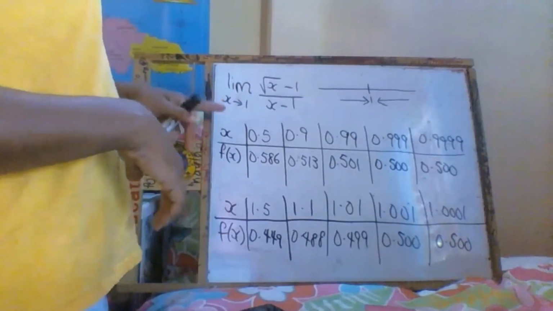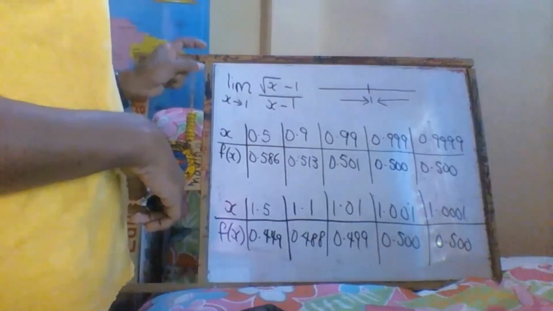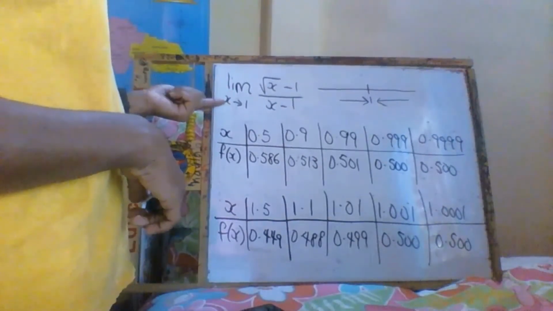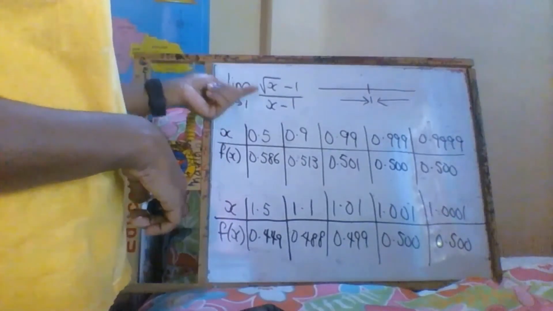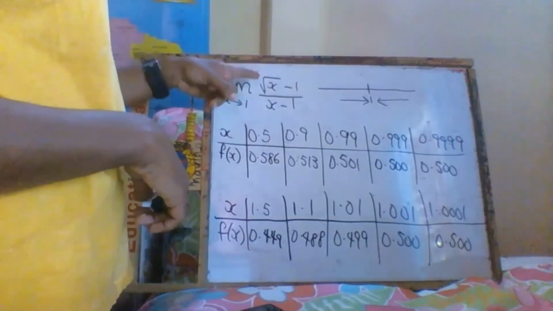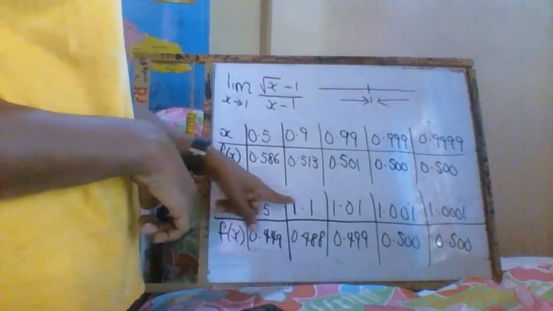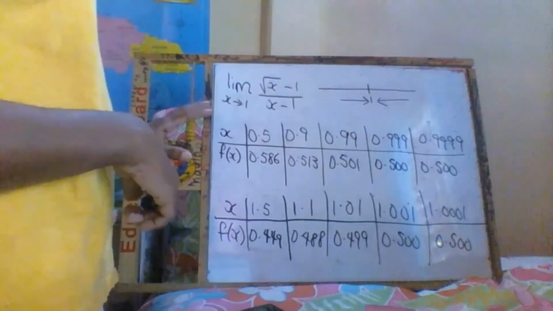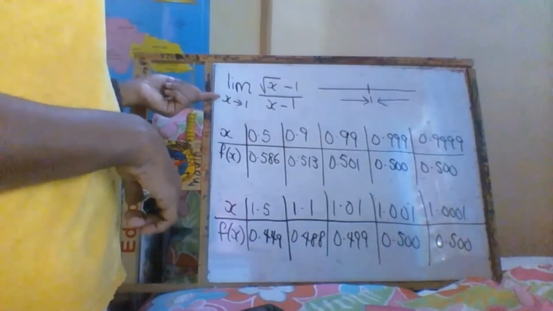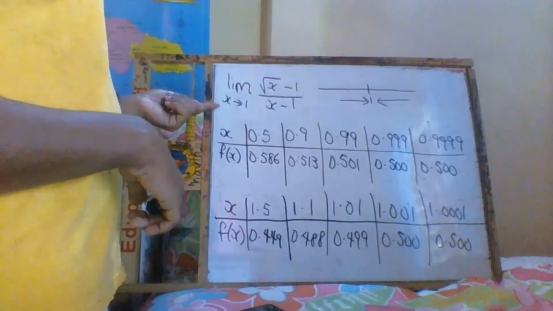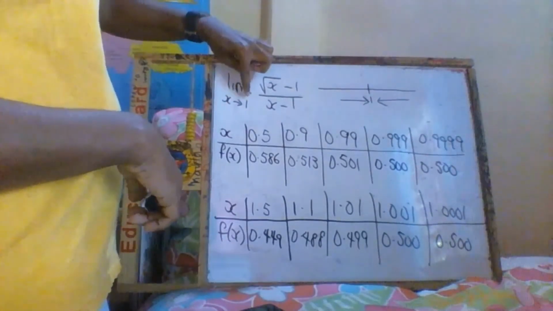Now, something I want to point out that's very, very, very important. Limits is about approaching a particular value. You will notice that I did not plug 1 into my function, right? At no point did I use a value of 1 for my x, because for limits we're only concerned with what value we're going towards. We don't want to actually use that value.